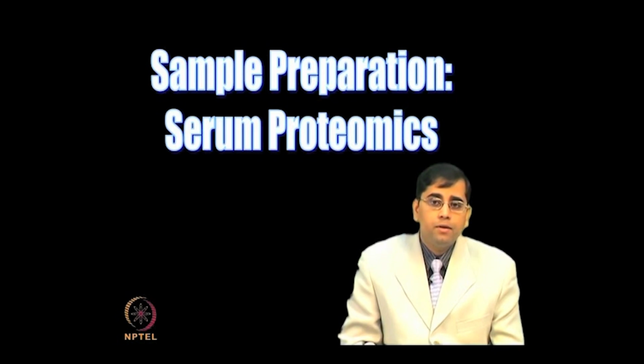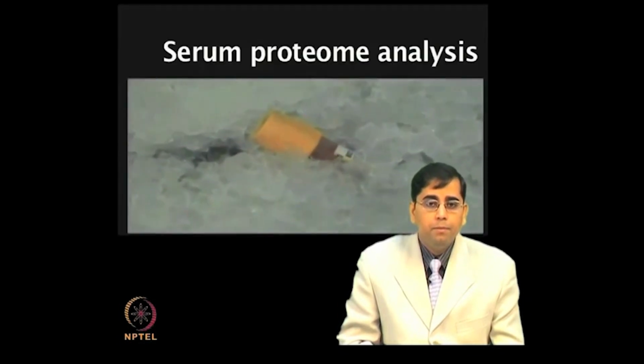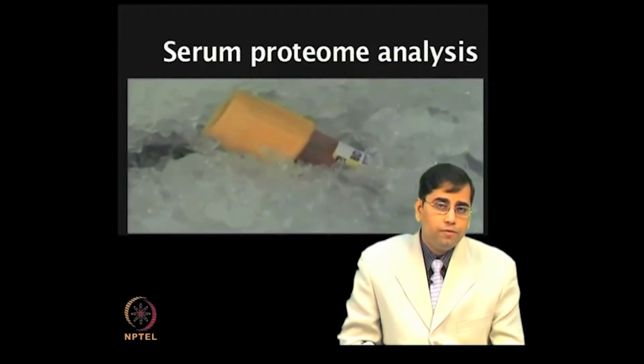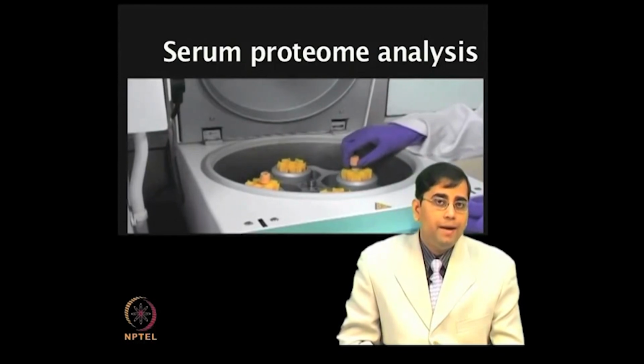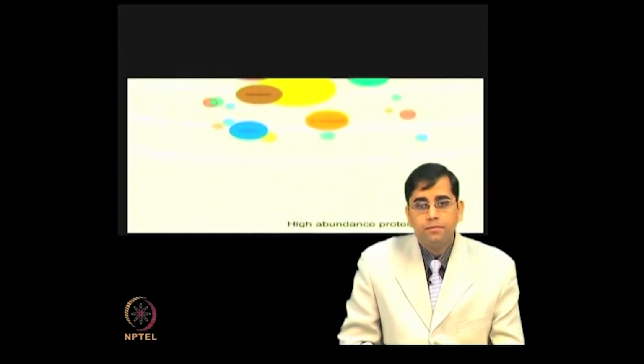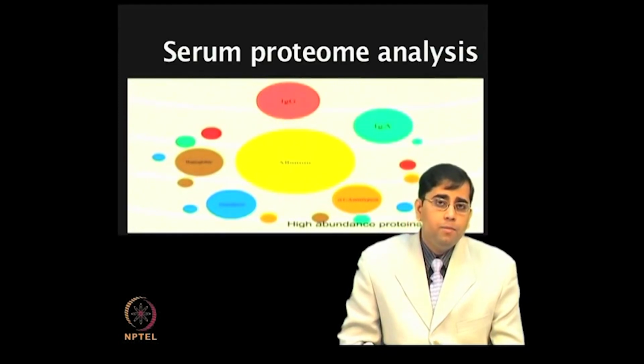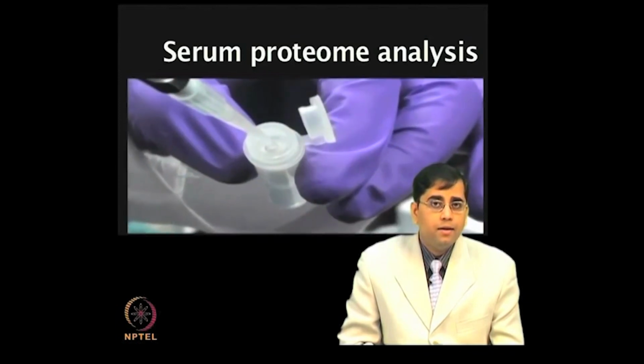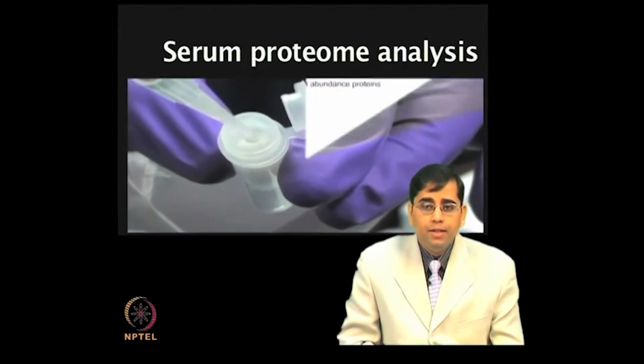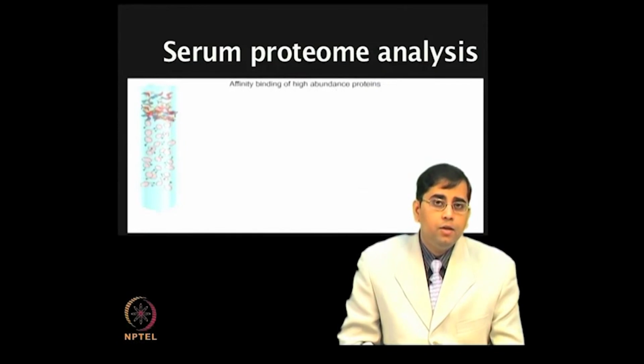For example, serum proteome analysis shown here illustrates that proteins in biological systems such as serum may have difference of several orders of magnitude. Albumin and immunoglobulin are the most abundant proteins in serum, which mask other low abundant proteins which are present in the lower concentration.